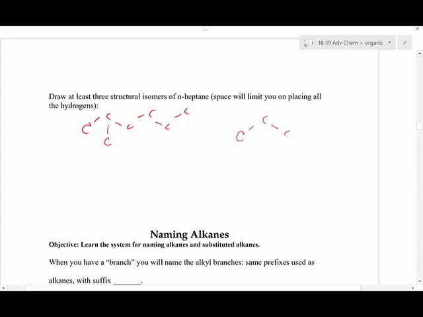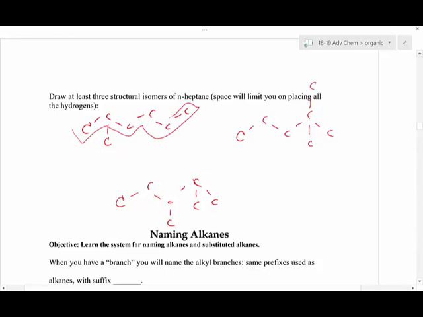The next one, I'll just choose to do 5, and I'll add 2 more right there. I'll do a third one, and let's see, I'll spread those carbons out. And so let me name these right now.